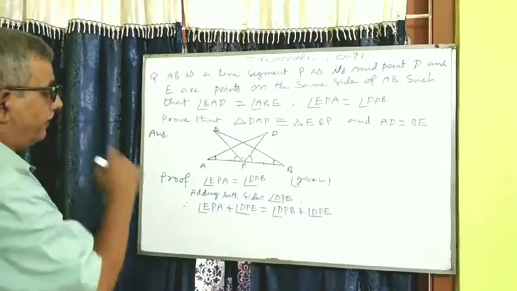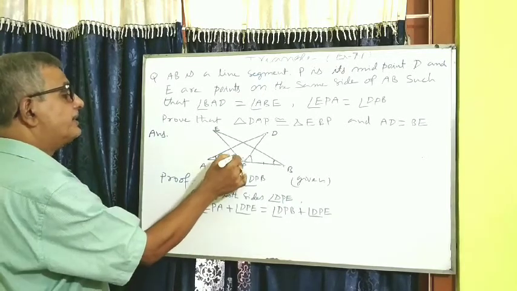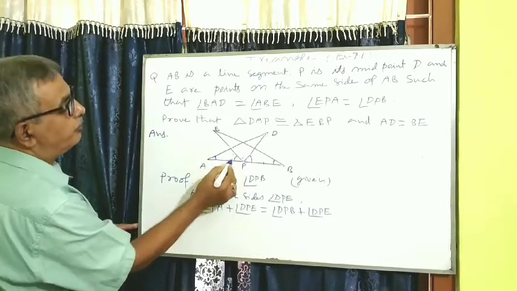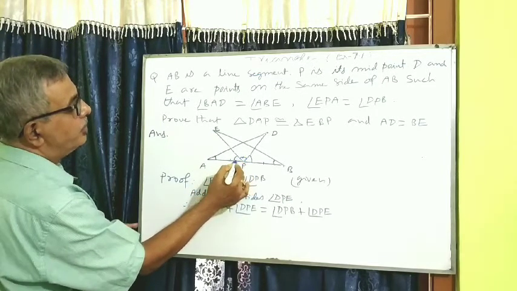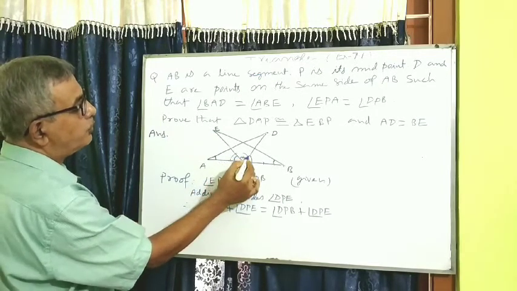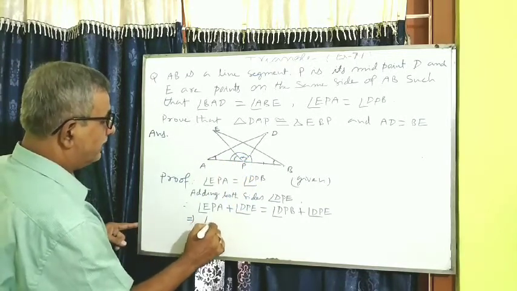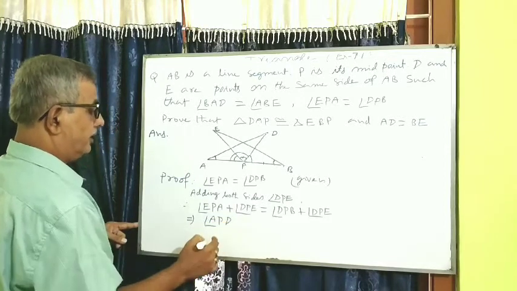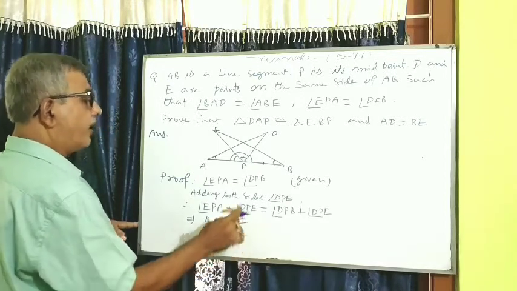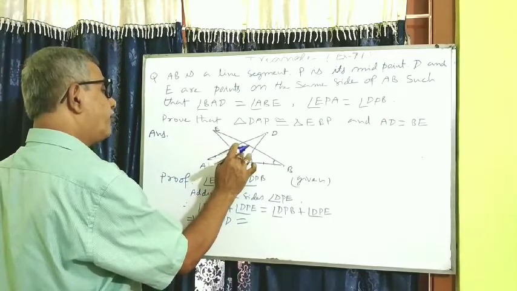Now you see, this angle plus this angle. Now you consider this small angle, again this angle. So you are getting this total angle from here to there. Therefore, angle APD. Here, on this side, you see again the same way.